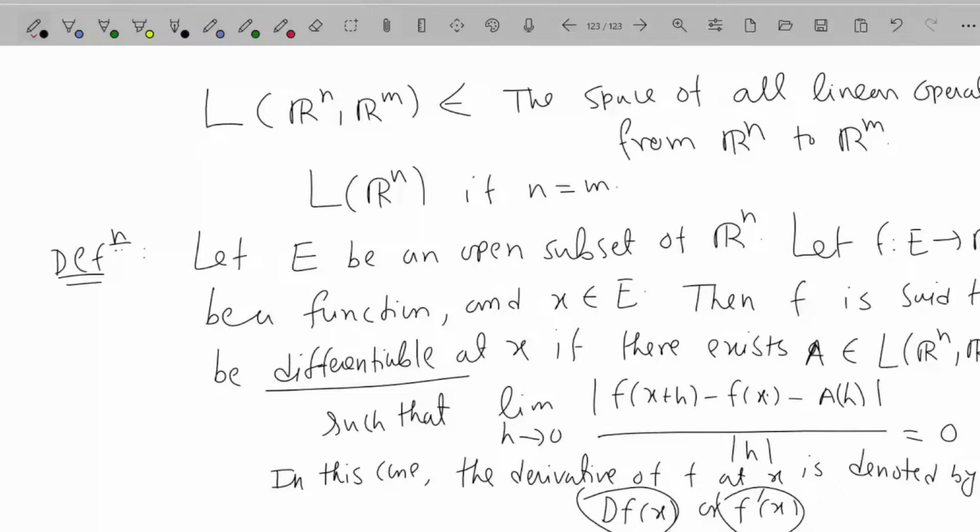Also, this derivative we call the total differentiation. This is also known as total differentiation to distinguish it from partial differentiation. We will soon introduce the partial derivatives. So think about this as the total derivative of f at the point x. Be very careful because it is something new, so it's called the total derivative.